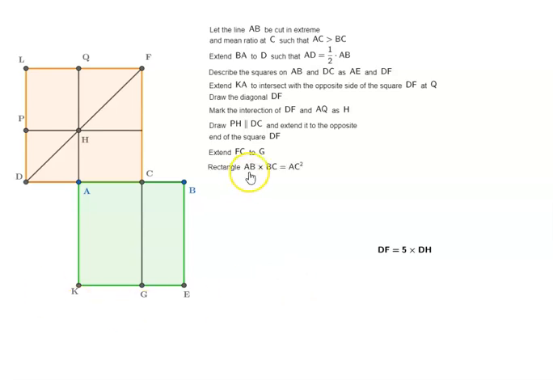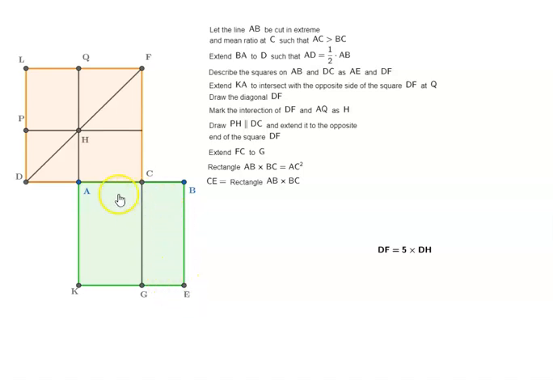Now, rectangle AB by BC is equal to AC square. That is what cutting in extreme and mean ratio means. AB is to AC as AC is to BC. Now, CE is equal to AB by BC.